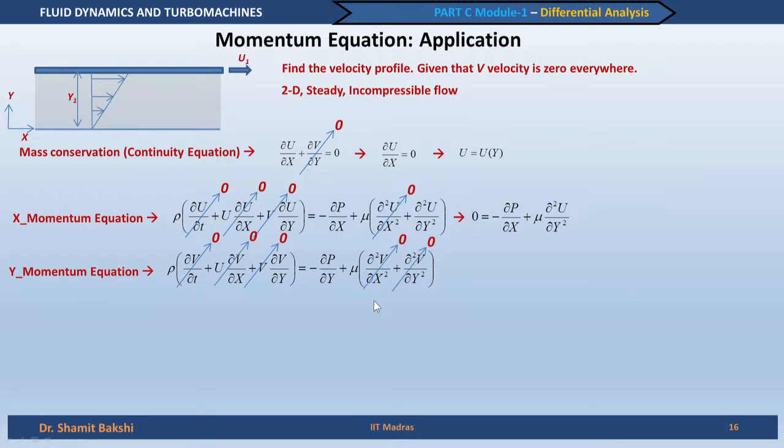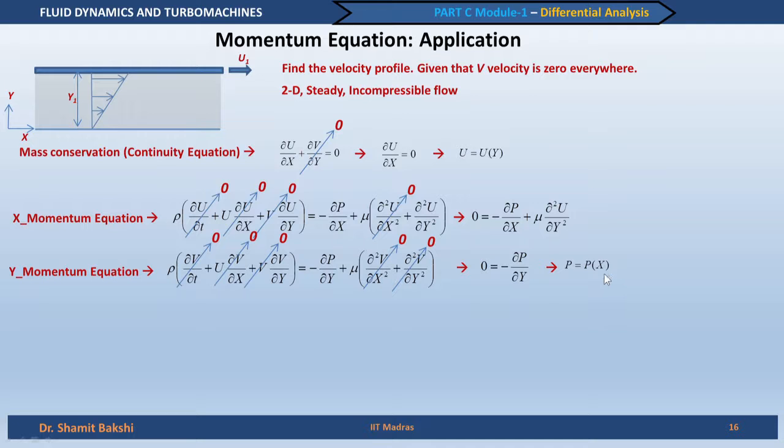So, all the terms are 0. So what are you left with? You are left with a very important conclusion that ∂p/∂y is equal to 0, that means p is a function of x.